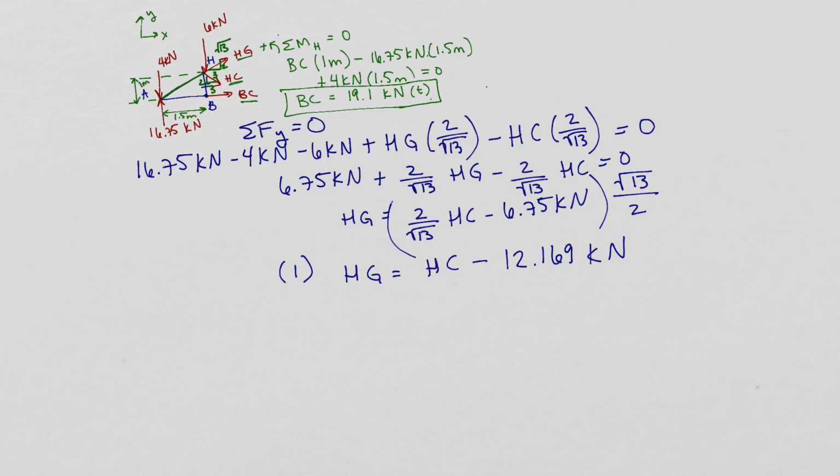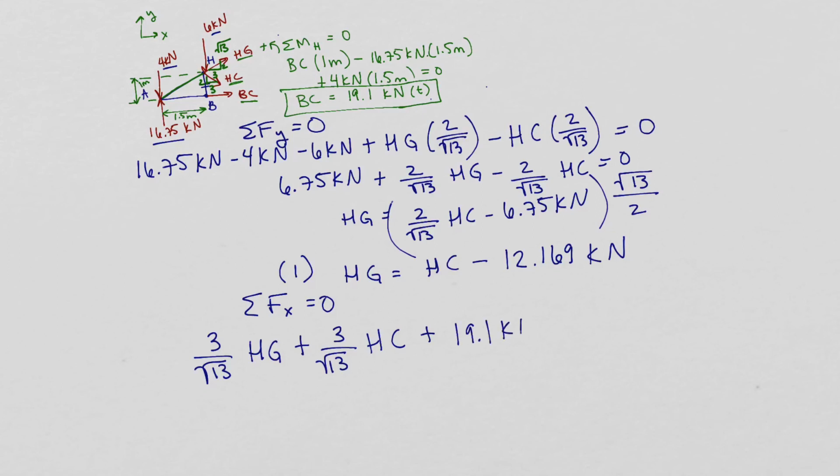And then let's sum the forces in the x direction. The 16.75 is in the y direction, 4 and 6 are all in the y direction. So we just need the x component of Hg, which would be 3 over the square root of 13 times Hg, plus Hc, which is 3 over the square root of 13 Hc, plus Bc, which we solved was 19.1 kilonewtons.